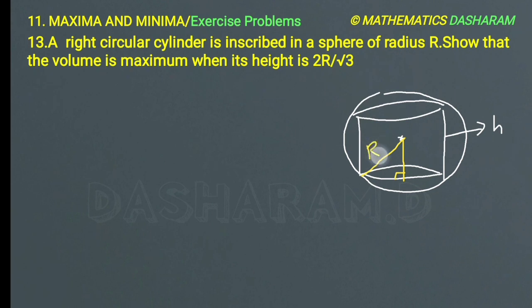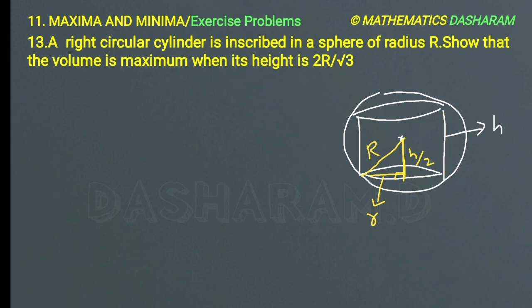The radius of the sphere is given as capital R, and the radius of the cylinder I am taking as small r. And what about this? It is h by 2. Why? Because the total height is h and this center is exactly in the middle of the cylinder and sphere, so this value becomes h by 2.